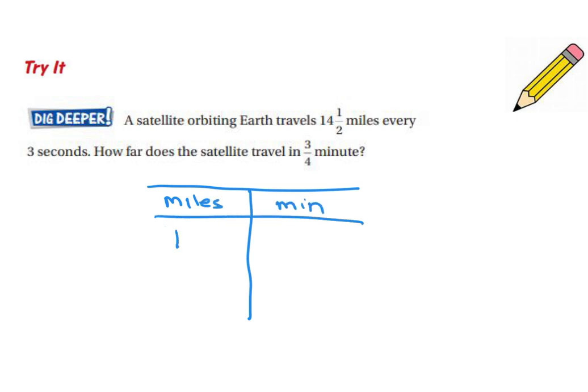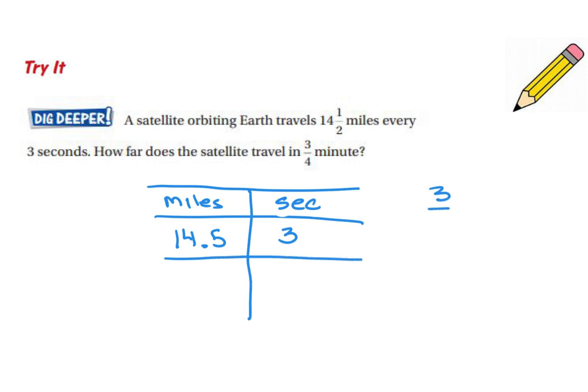It goes 14.5. So we can say 14.5 miles for every 3 seconds. Okay, so I actually want to change that from minutes, and I want to say that's seconds. How far does the satellite travel in 3/4 of a minute?